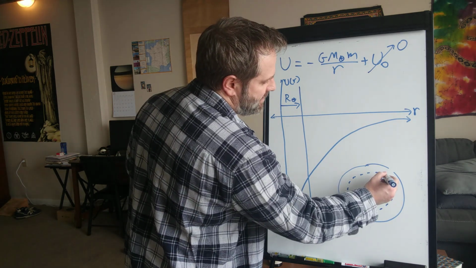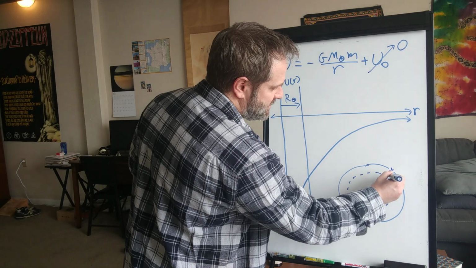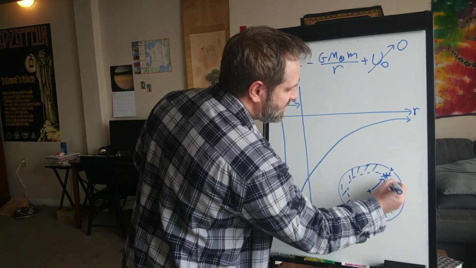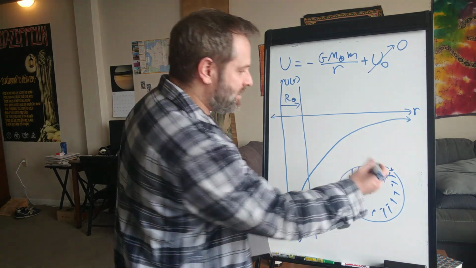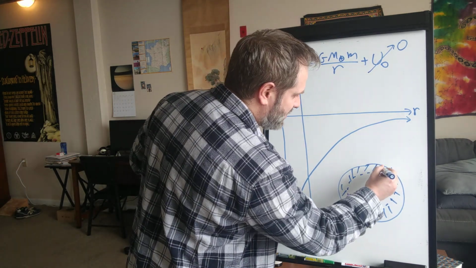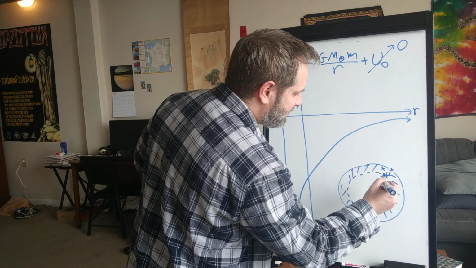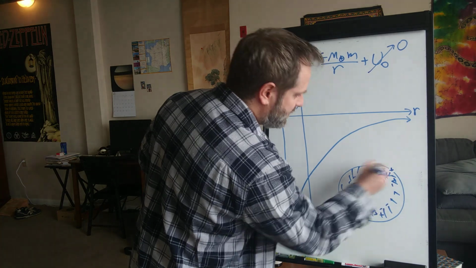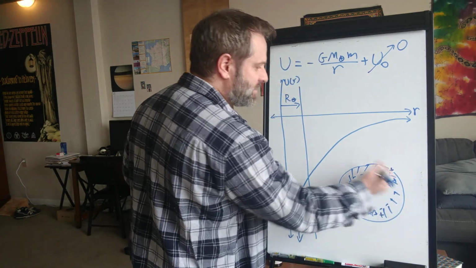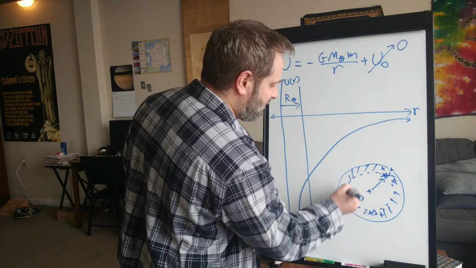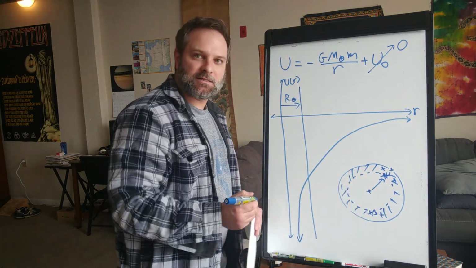So as I go from here to here, all of this matter stops affecting me gravitationally, because it cancels out. If I'm here and I'm worried about a lump of matter over here affecting me, I also have one over here, and one over here, and one over here. It's just the geometry of this that all of those vectors cancel out. So I'm only left with the ones that are inside.